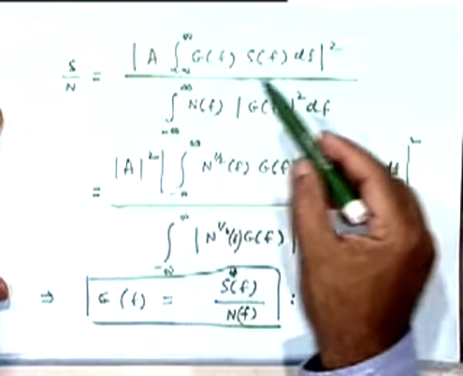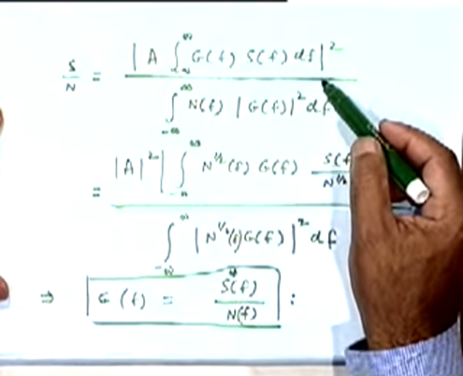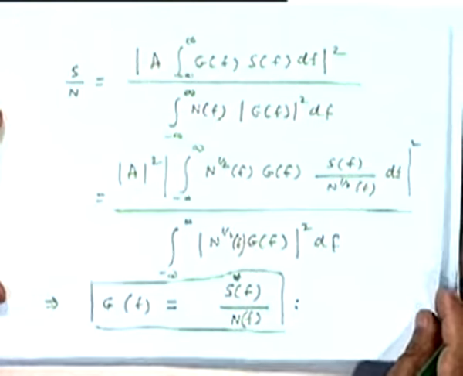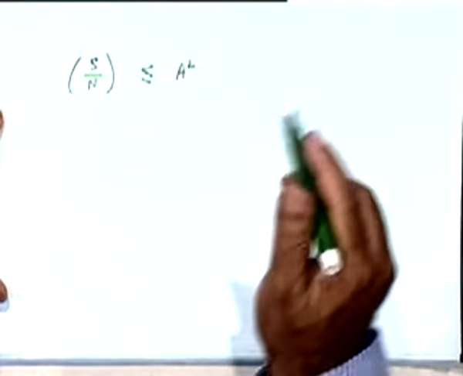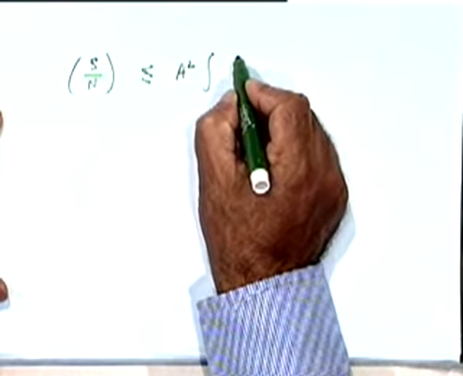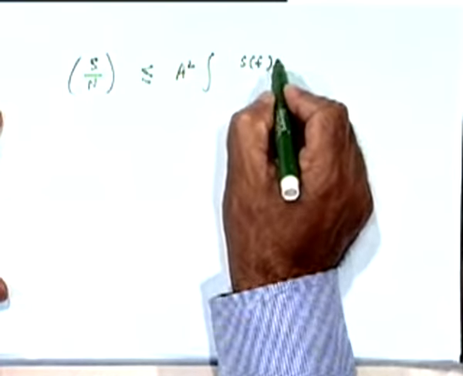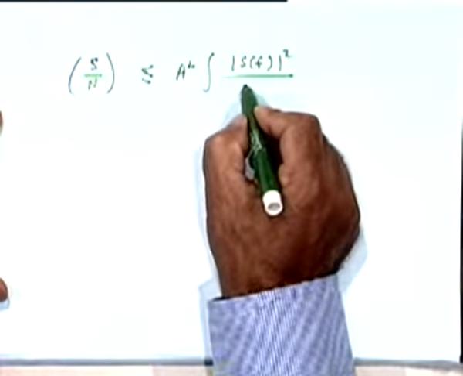This transfer function will maximize the signal to noise ratio at the sampling instant t sub 0 equal to 0. The maximum value of the signal to noise ratio can be obtained by substituting this expression for GF over here in this expression, and that you can easily check will be simply equal to SF mod square upon NF.